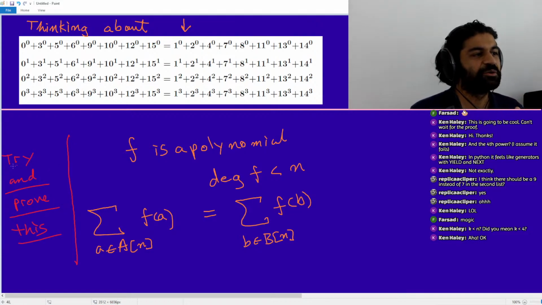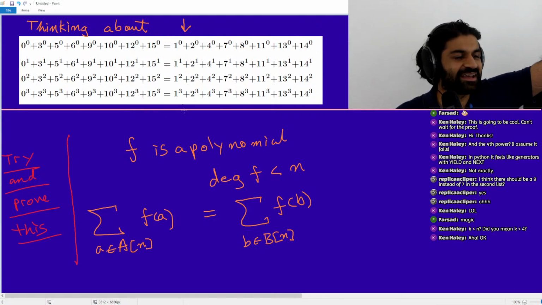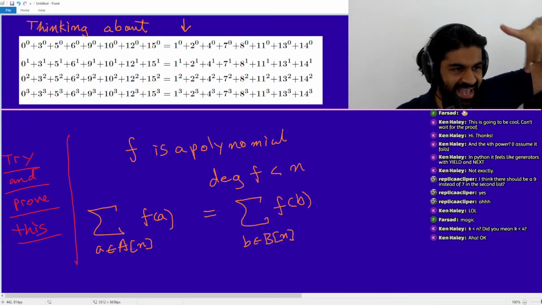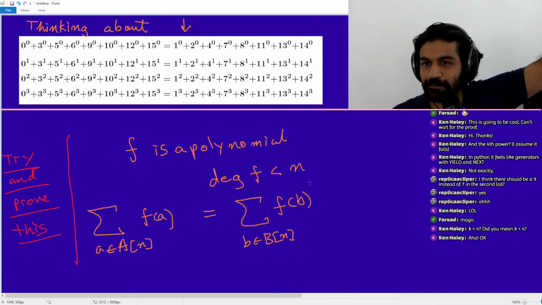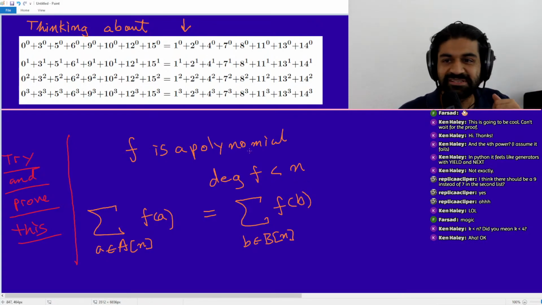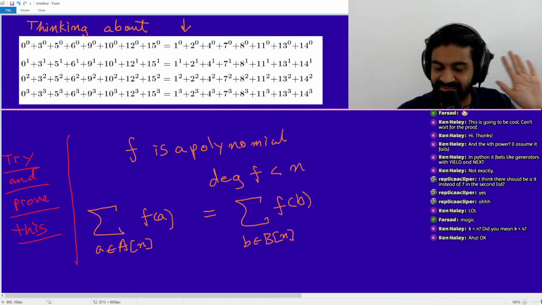The idea is that I'm plugging in all the terms in An into a polynomial and adding them up, plugging in all the terms in Bn into a polynomial and adding them up, and the claim is that I should get the same thing on either side.